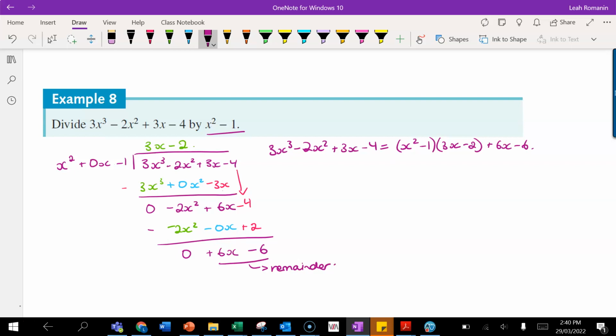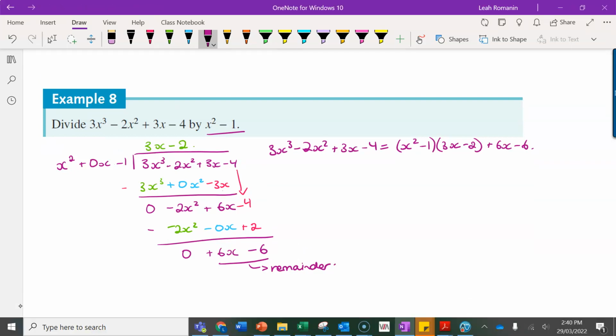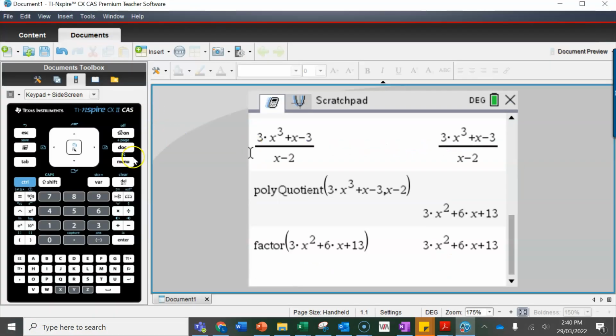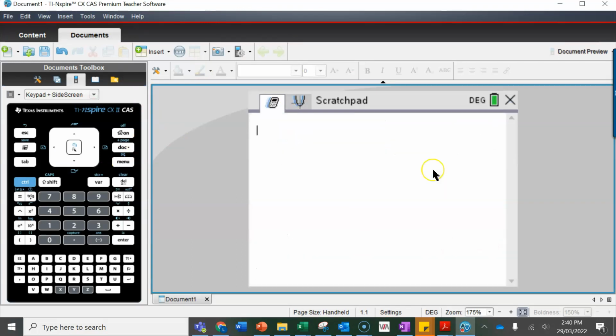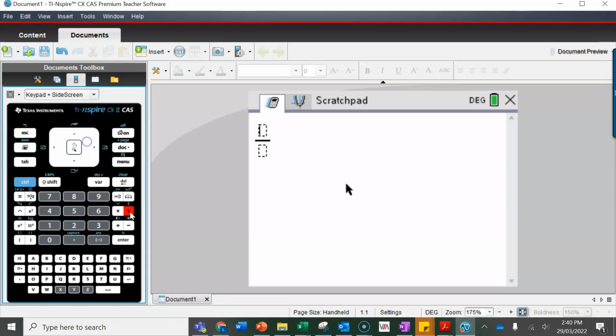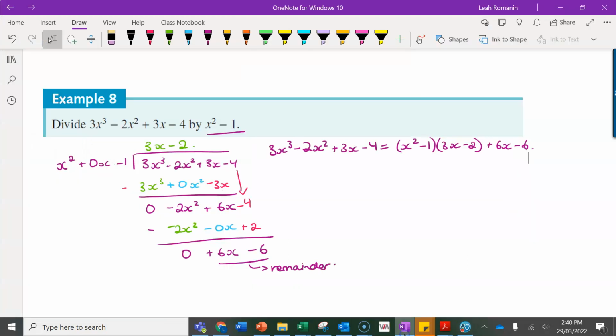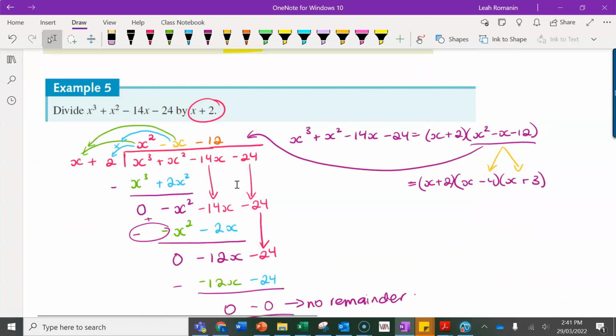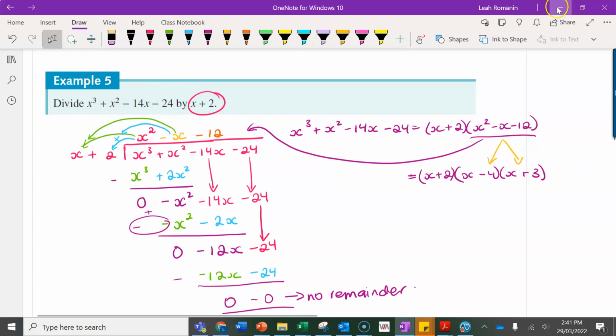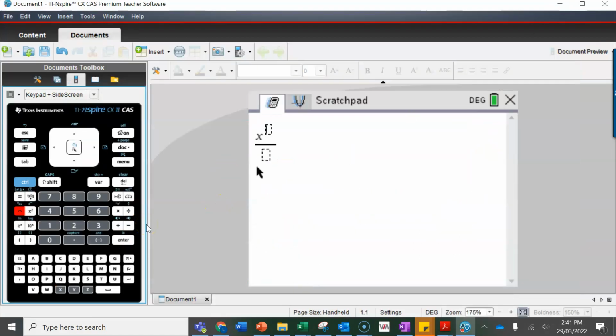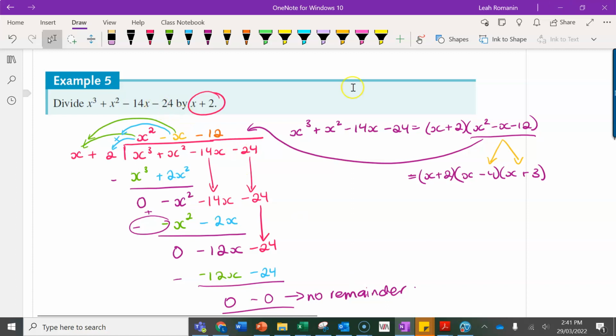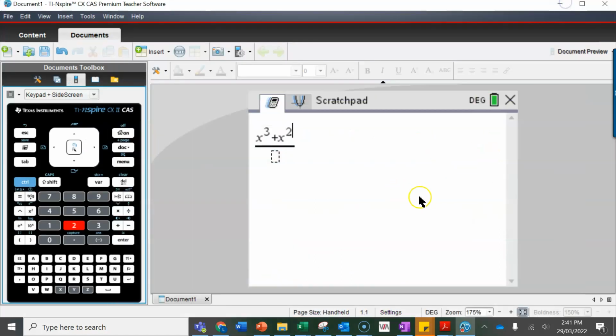Okay, now one last thing I want to leave you with is how to do this on the CAS calculator. So coming over to our CAS calculator here, let me just clear all of this. Now normally when you're dividing, you would just bring up a division symbol and type in what your answer is. I'll go back to this one here. So x cubed plus x squared minus 14x minus 24.